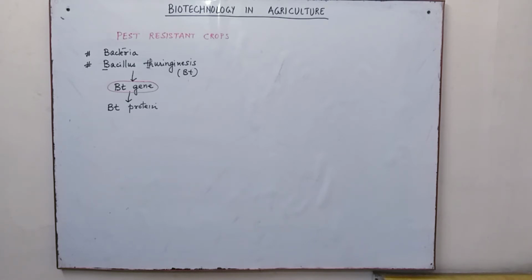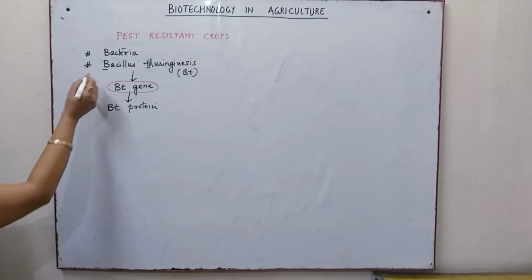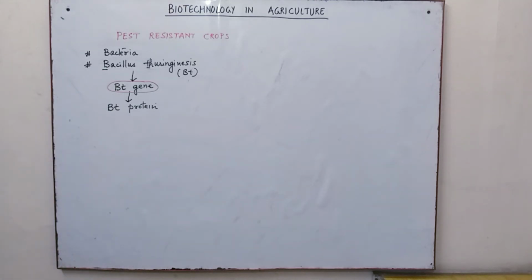So it is a biopesticide. It is an example of a biopesticide. It has been incorporated into corn, rice, tomato, potato, soya bean, etc. It has been used extensively and therefore is of great interest.